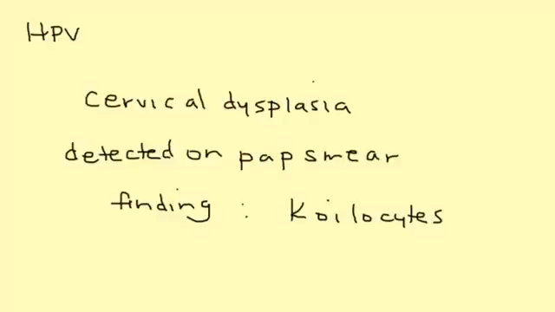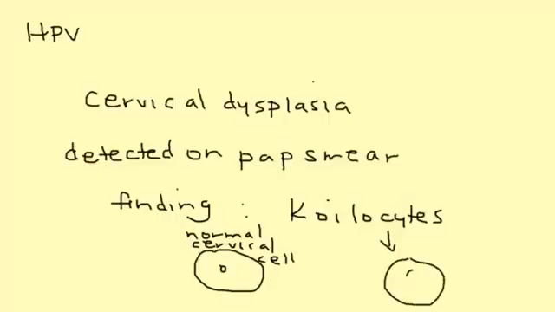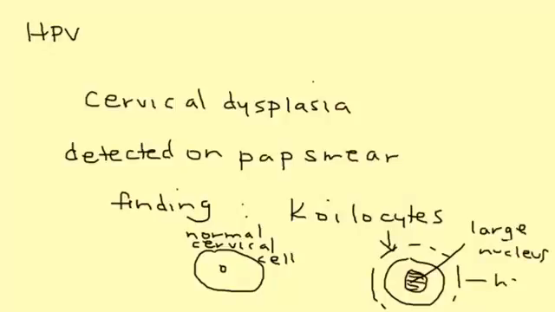Just to illustrate, here's a normal cervical cell, and a koilocyte will look something like this. It will have a very large nucleus, and it will be surrounded by this halo. That is essentially a sign of cervical dysplasia caused by HPV.